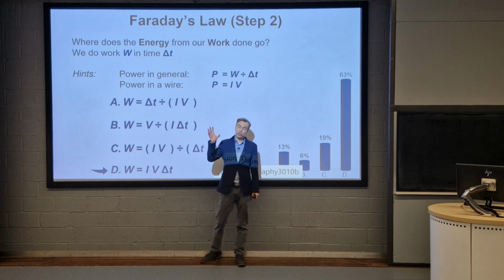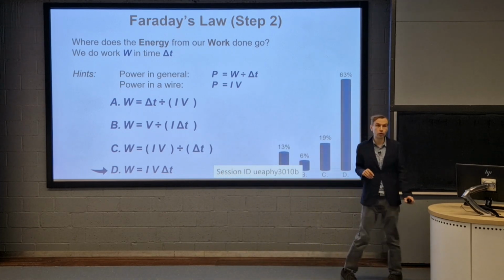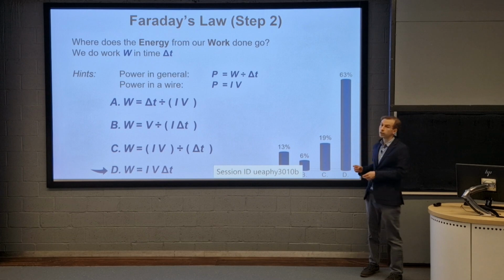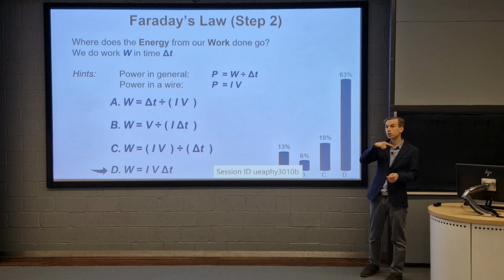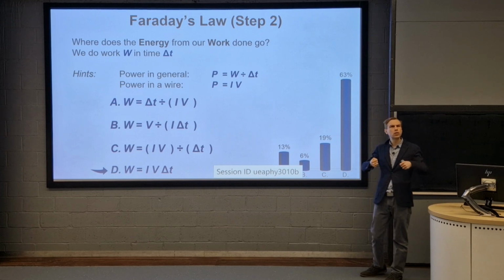So this is the second big piece of the puzzle that we need for Faraday's law. In step 1, we saw how much work we've done on the wire. Now we've seen what's happened to that work in terms of what's going on in the wire. So we're ready for step 3 of Faraday's law, putting these two pieces of the puzzle together.